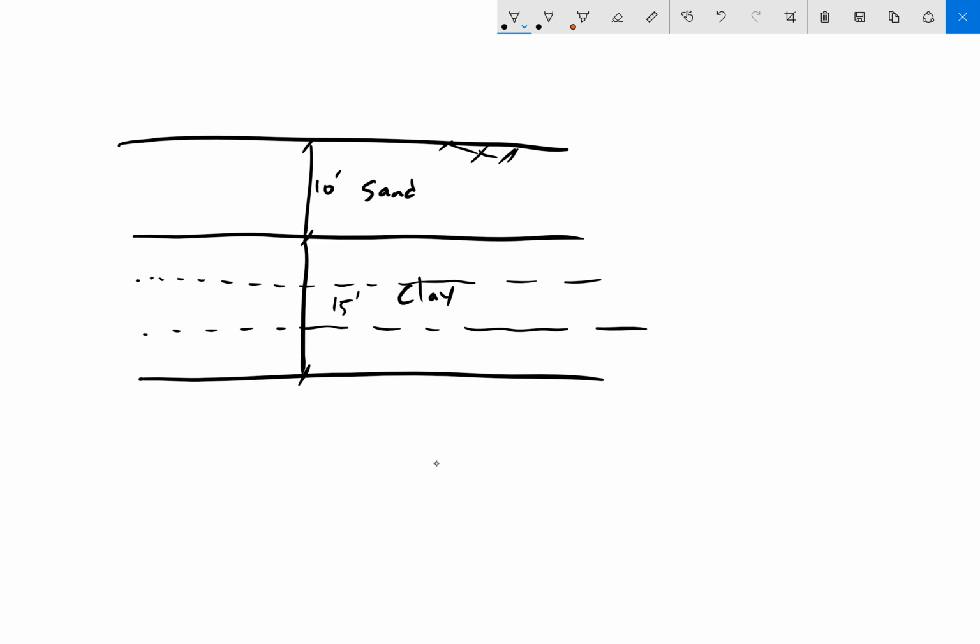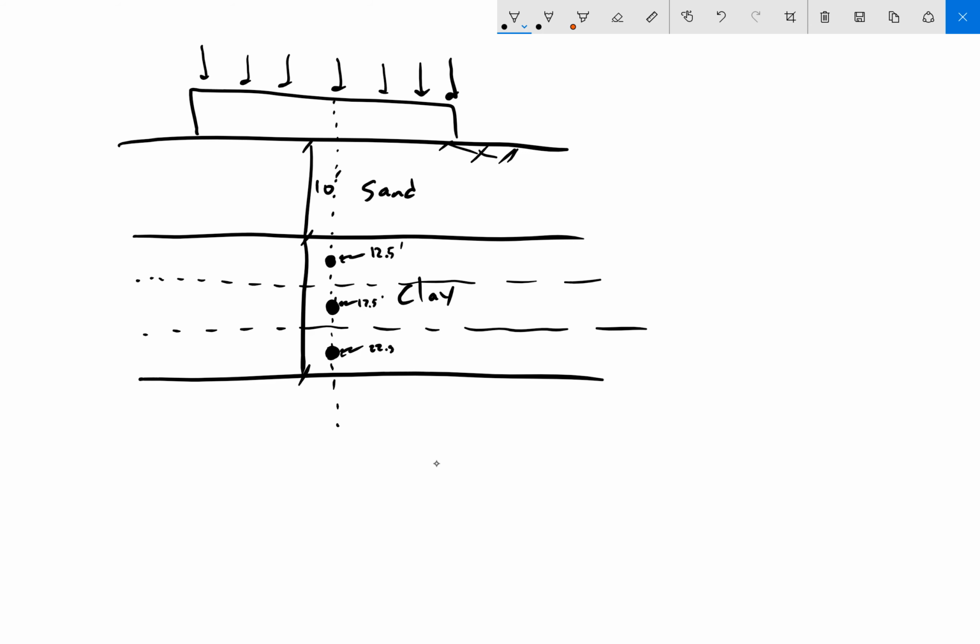Here's the center, here's my circular load, and I'm right beneath the center of it. I want the depth to the center of each of those 3 layers. That's really what I'm after. The depth to the center of the first sublayer is going to be 10 feet of sand plus 2.5 feet of clay, so that's 12.5 feet. For the next layer, that's going to be at 17.5 feet, and the third at a depth of 22.5 feet.